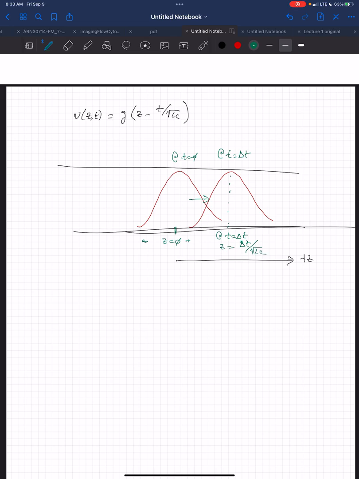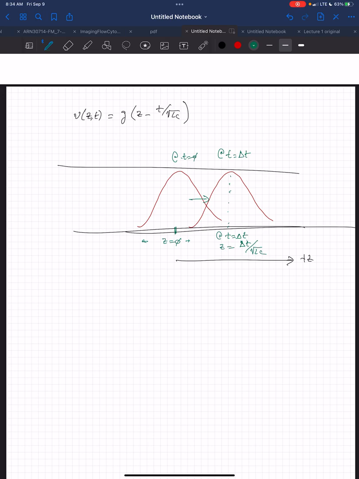And again, the only thing I've assumed is the inside has this form. If I plugged in 0 for time here, I would get G of z. If I put in delta t for time, I would get z minus delta t over square root of LC, which means that G of z would have moved over by that amount. You guys with me?